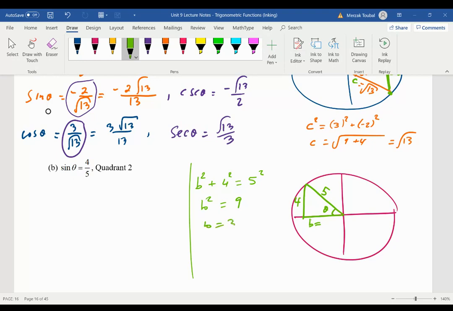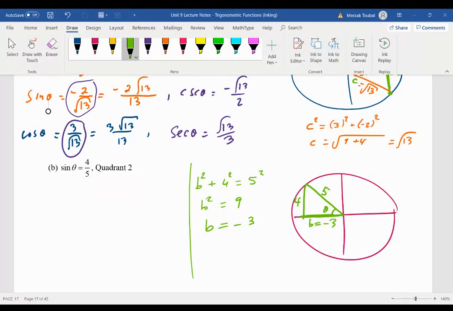So B equals, in pure math, plus or minus the square root of 9, which is 3, correct? However, we have to decide: is it 3 or negative 3? Well, it's negative 3, because B here is on the negative x-axis. So it has to be negative 3. Okay, so B is negative 3.